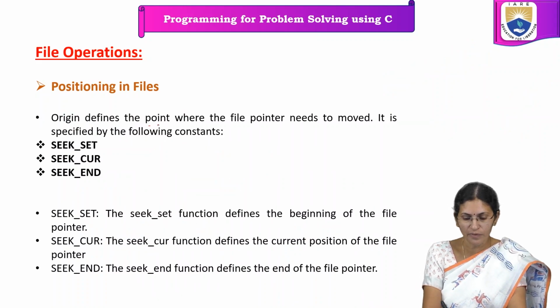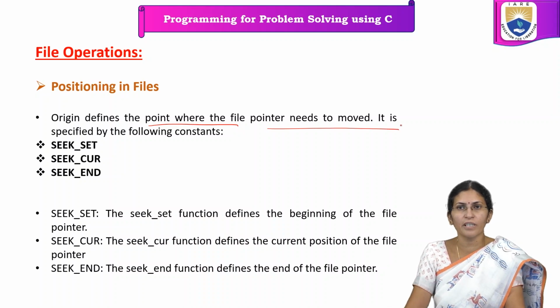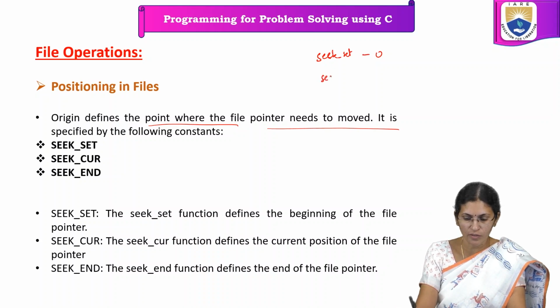Next, origin specifies the point where the file pointer needs to be moved. It is specified by the following constants. 0 can also be written as SEEK_SET, whose value is 0; SEEK_CUR, whose value is 1; and SEEK_END, whose value is 2.